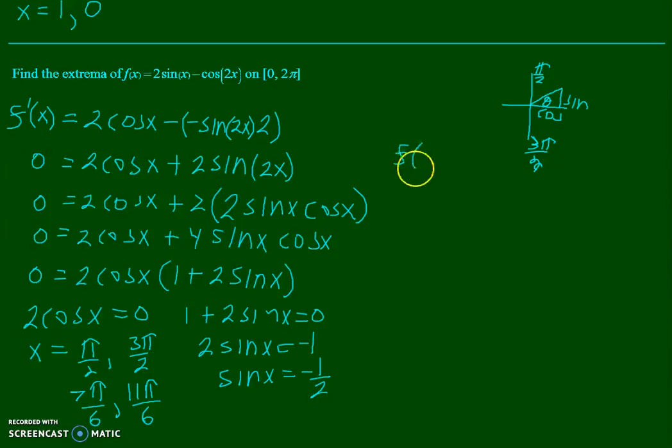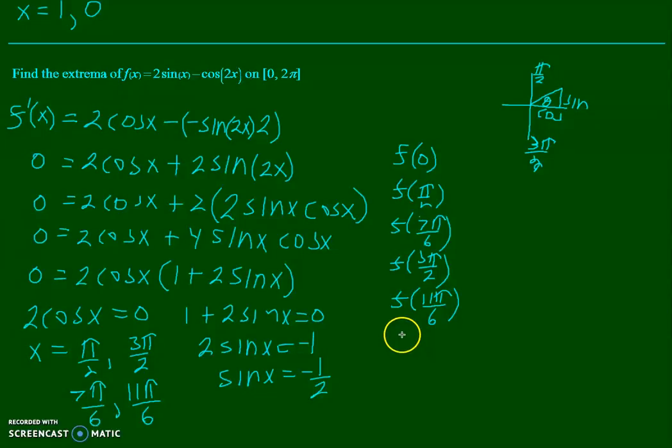So we need f of 0, f of pi over 2, f of 7 pi over 6, then f of 3 pi over 2, f of 11 pi over 6, and f of 2 pi.